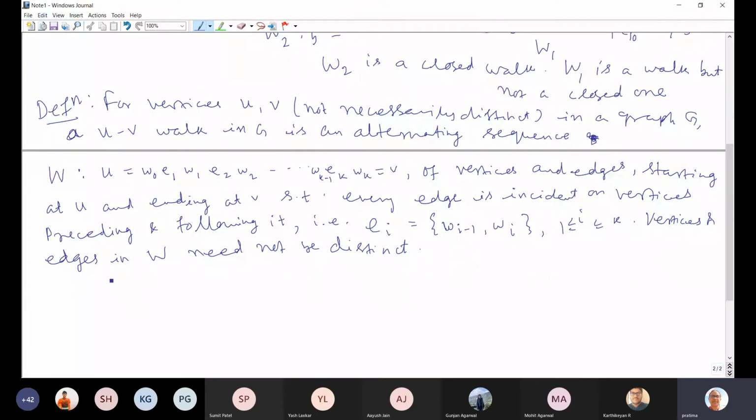If U is equal to V, then W is called a closed walk. Otherwise, it is open.